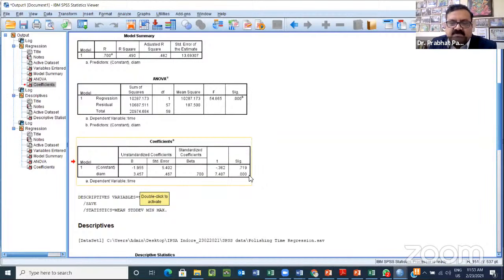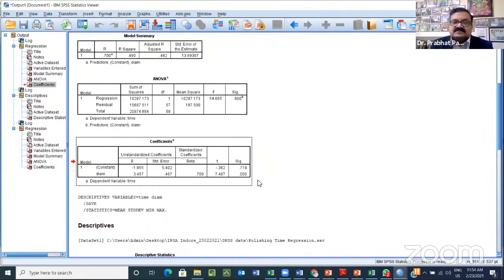So if your p value is less than 5, the rule of thumb is that you reject the null hypothesis. So what is the null hypothesis here? The null hypothesis is that the beta is equal to 0. That is your null hypothesis. So when you reject the null hypothesis, you accept the alternative that beta is not equal to 0. This means that your beta coefficient calculated is significant.